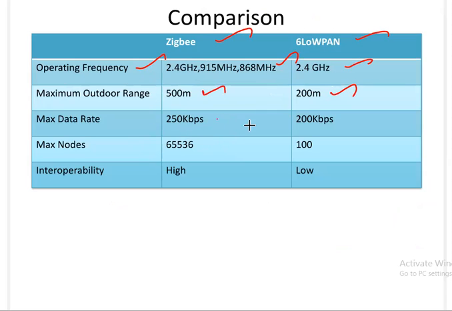Maximum data rate: 250 kbps for Zigbee, 200 kbps for 6LoWPAN. Maximum number of nodes: in Zigbee we can use up to 64K, that is around 65,536, and in 6LoWPAN only up to 100 nodes. Interoperability is high for Zigbee, and low for 6LoWPAN. So these are the comparisons and differences between Zigbee and 6LoWPAN.